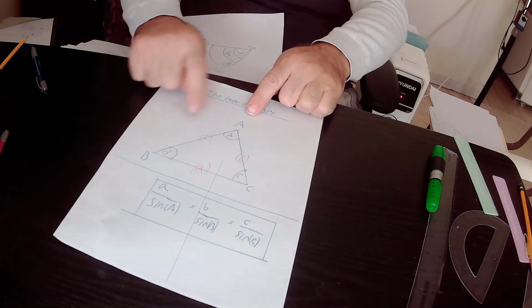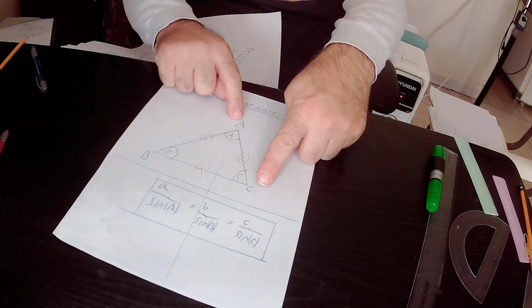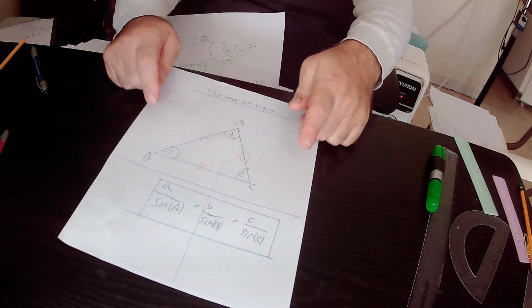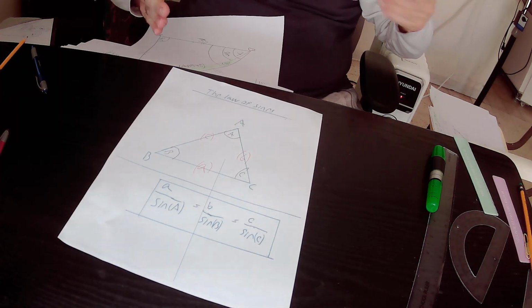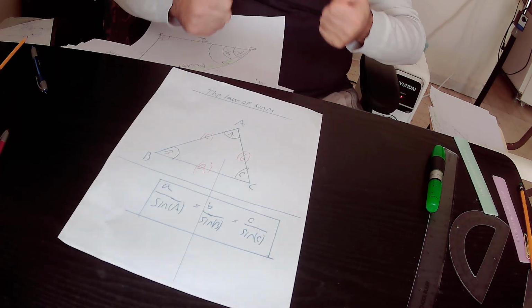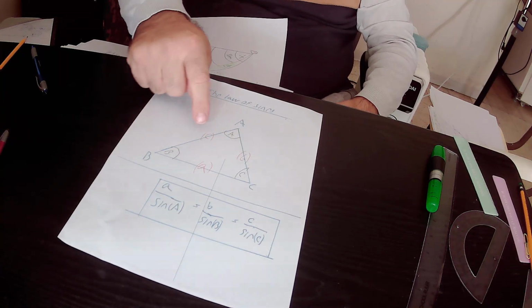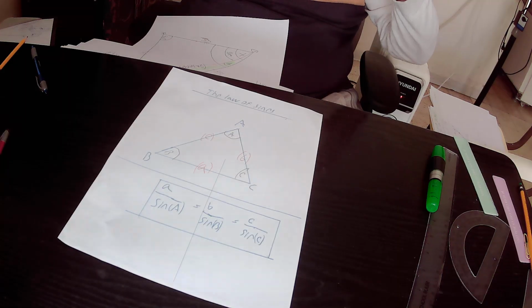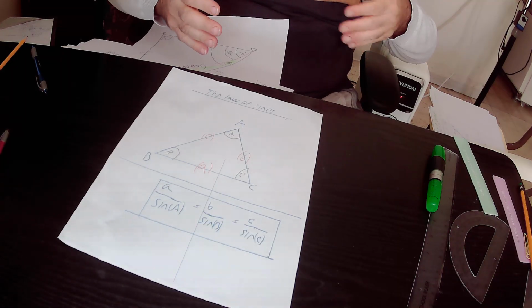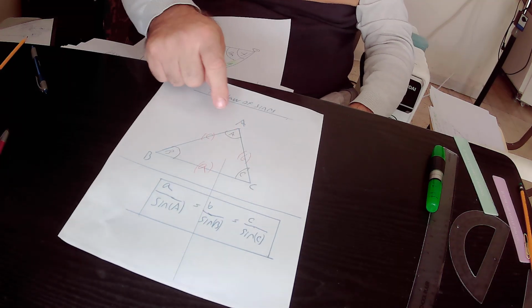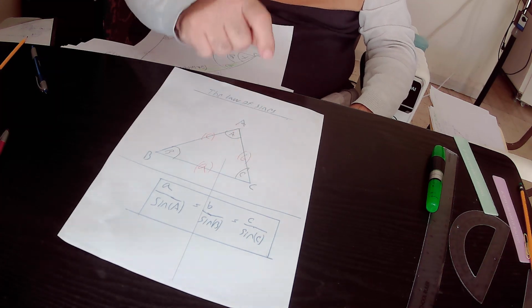Likewise, the length of side AB is c, the length of side AC is b, and the length of side BC is a. According to the law of sines, the following equation is true: a over sine A equals b over sine B equals c over sine C.